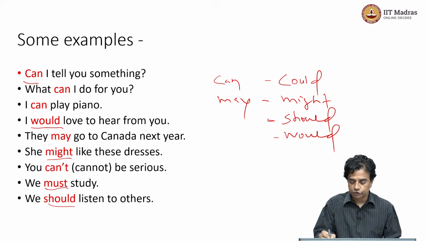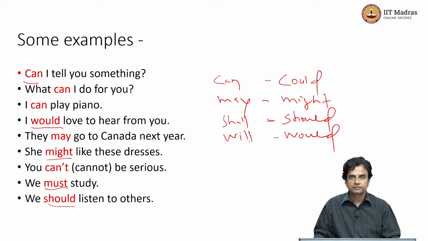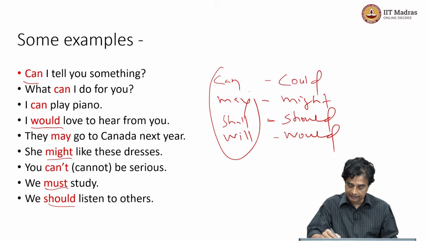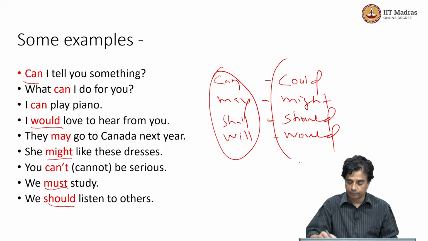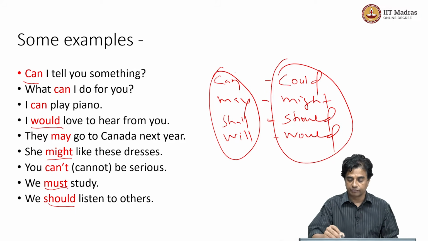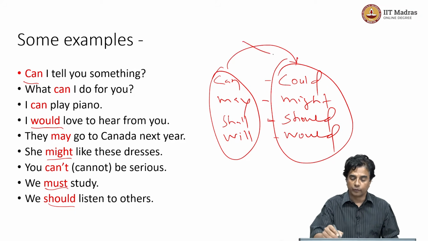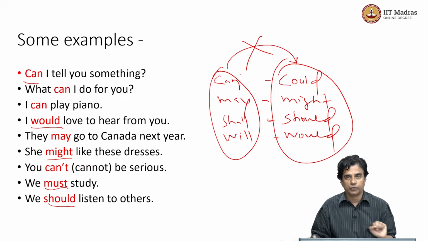We see should derived from shall. And we see would derived from will. We want to believe that this set is responsible for the derivation of this set, whereas the answer is no.